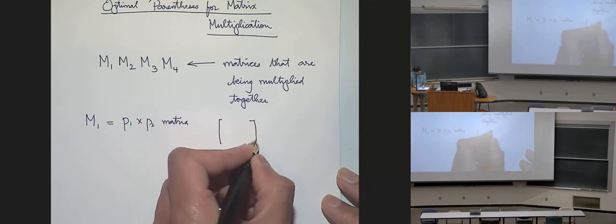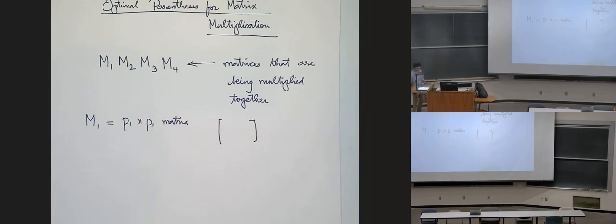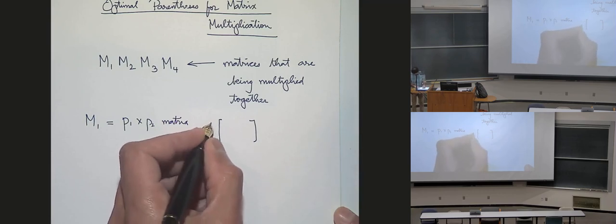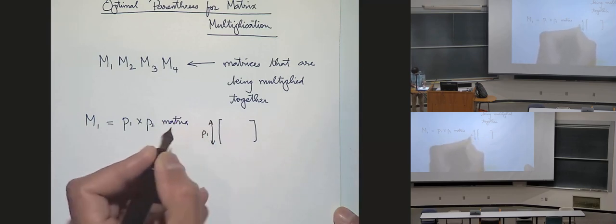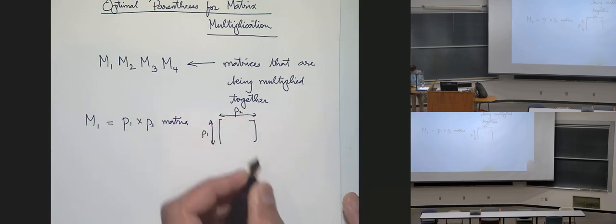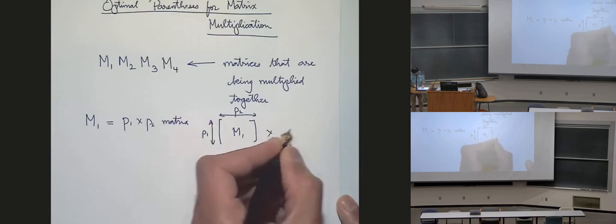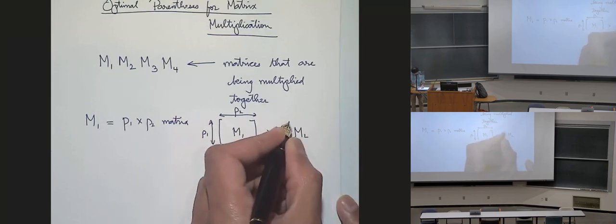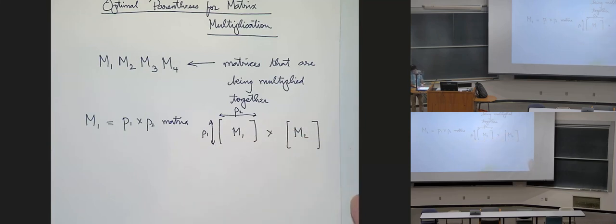So it's something like, usually we'll say there are P1 rows, P2 columns. So this is M1. Now, if you're multiplying this with M2, what can you say about M2's dimensions?